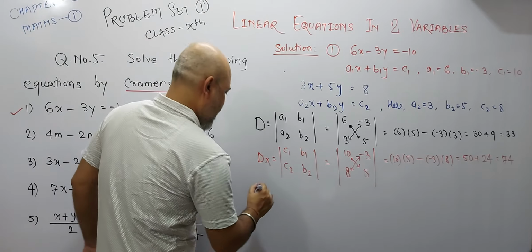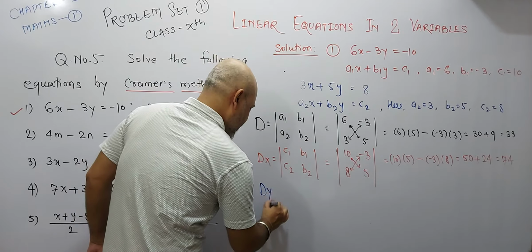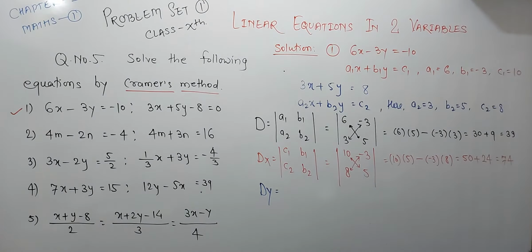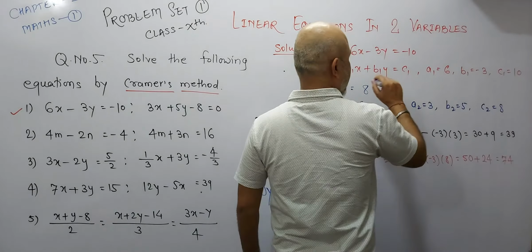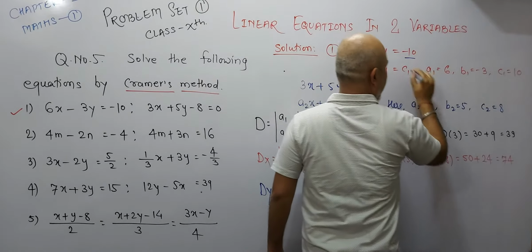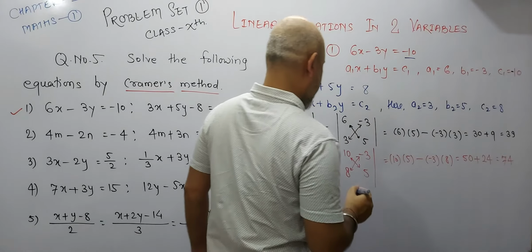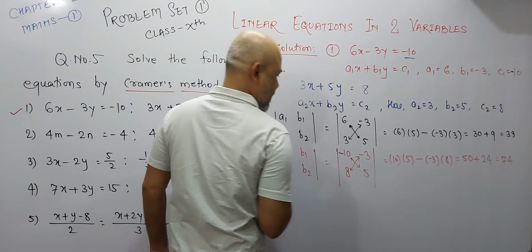Clear? Now we'll find the value of Dy. Okay students, here is one correction. Here c1 is minus 10. So we'll write here c1 is minus 10. So the value of c1 is minus 10.